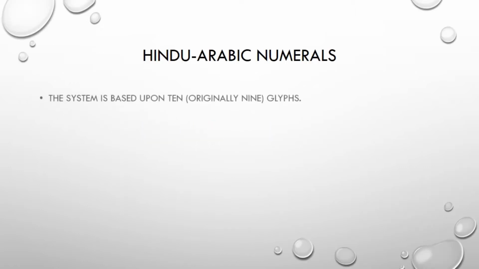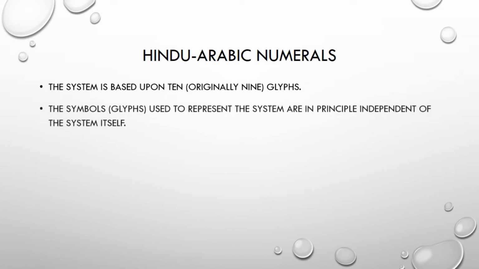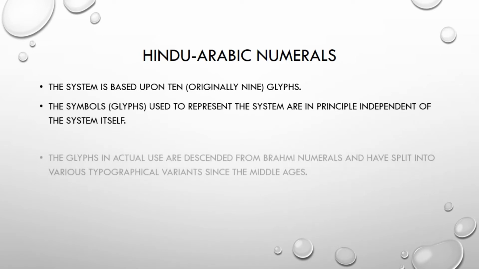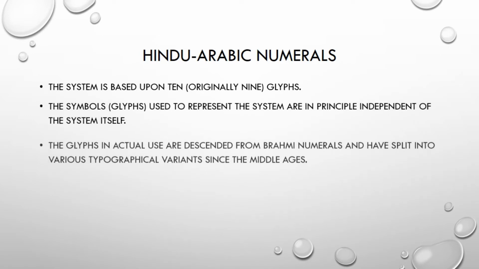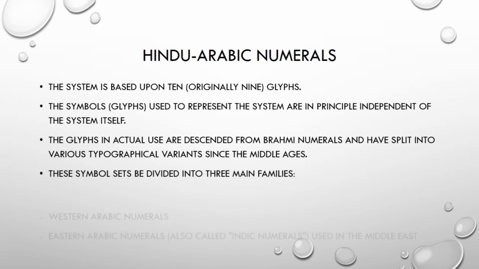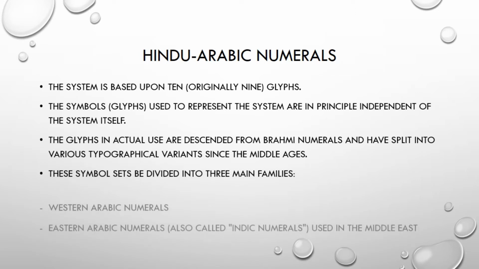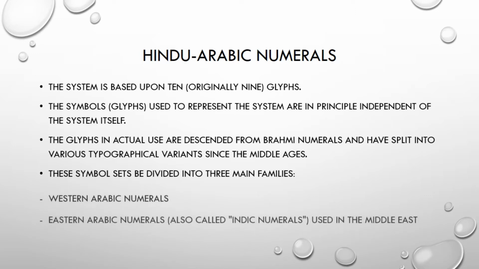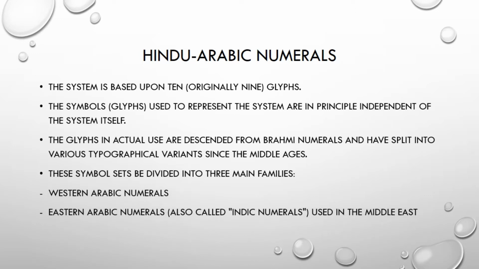Hindu Arabic numbers. The system is based on 10 glyphs, and the glyphs start from Brahmin numbers and then split into the 3 main families. The first is Western Arabic numbers, the second Eastern Arabic numbers, and the third one is Indian numbers in various scripts.